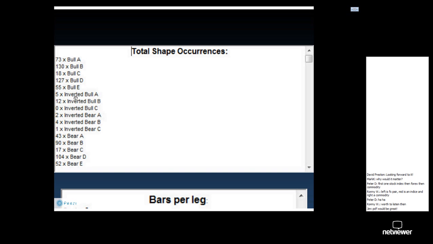Let's have a look. I just pulled up a chart arbitrarily and clipped a few statistics from the chart. Here are the total shape occurrences. In this particular chart, you will notice 73 bull A shapes, 130 bull B shapes, 18 bull C shapes, 127 bull D, 55 bull E, and so on and so forth.